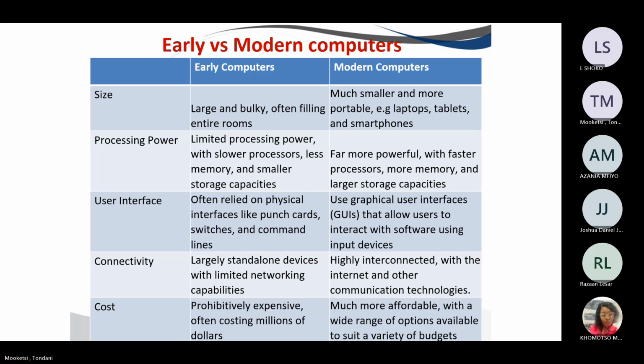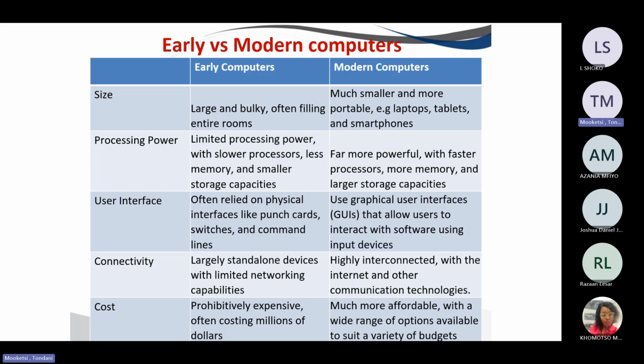So if you have read the history of computers, when they talk about the mainframes, the processing power was very slow. Like they would maybe take a day to print a file or something like that.